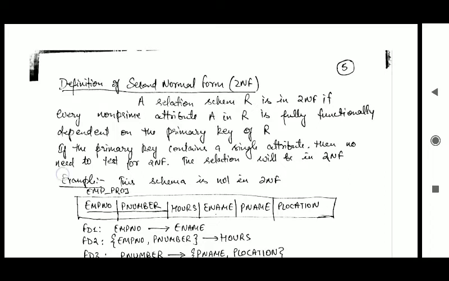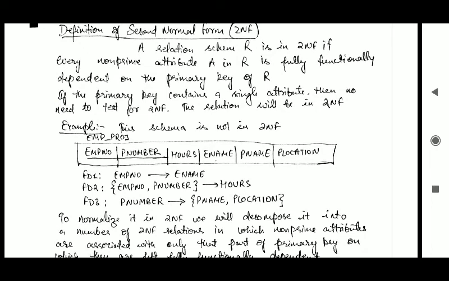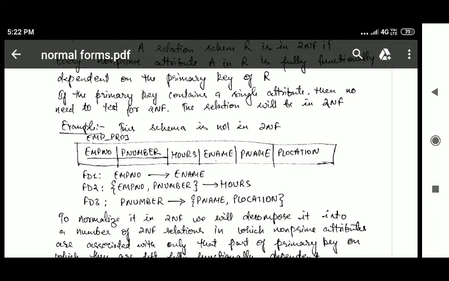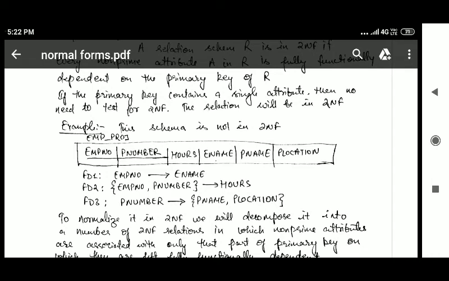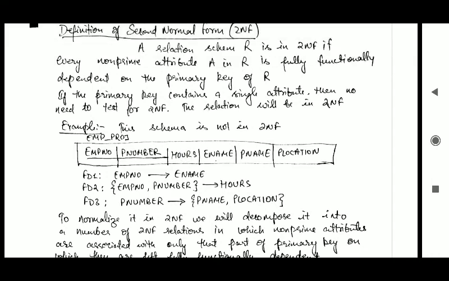Now consider this schema. This schema is not in second normal form. The name of this schema is EMP_PROJ, and this schema has the combination of two attributes, employee number and project number, as a primary key. Hours specifies how many hours an employee works on a particular project.